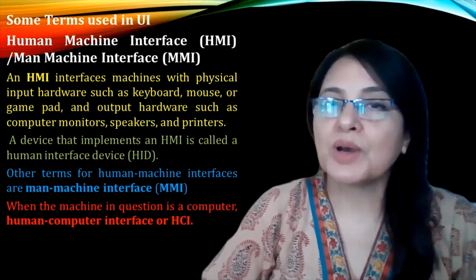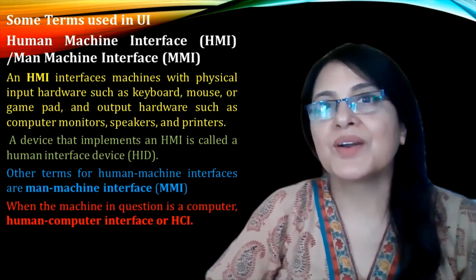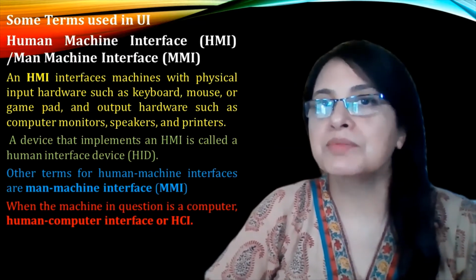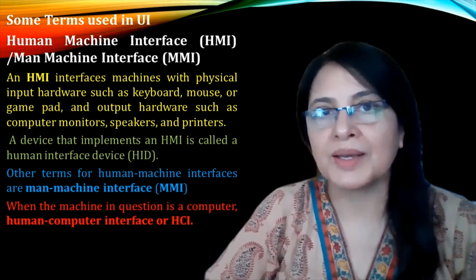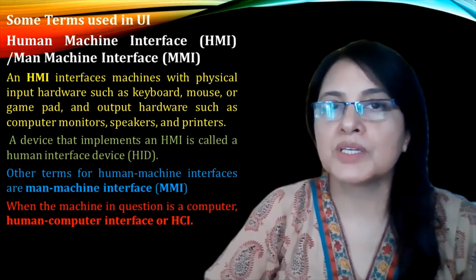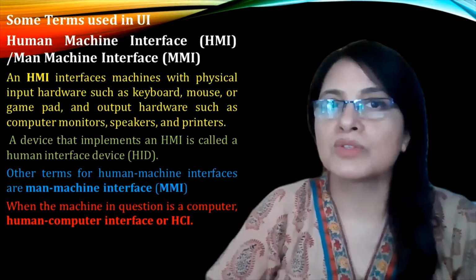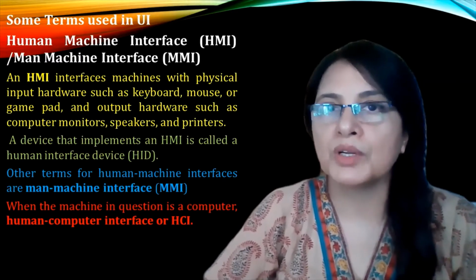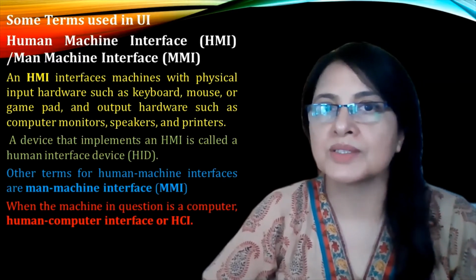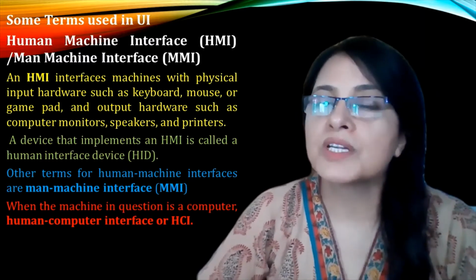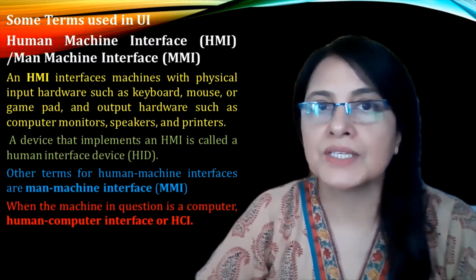Some of the terms commonly used in UI are HMI, that is human machine interface, and man machine interface, MMI. The HMI interfaces machines with physical input hardware such as keyboard, mouse, or gamepad, and output hardware such as the computer monitors, speakers, and printers. A device that implements HMI is also called human interface device.